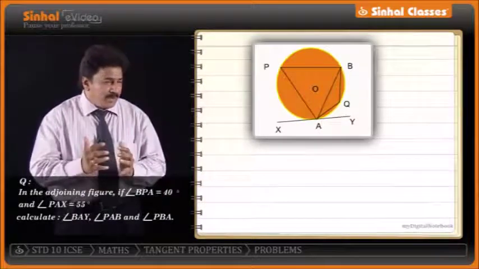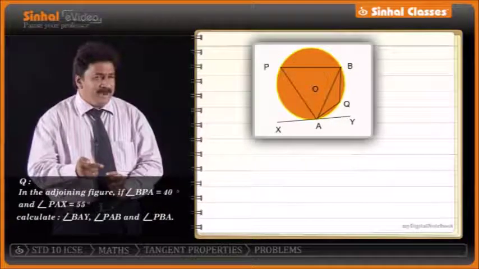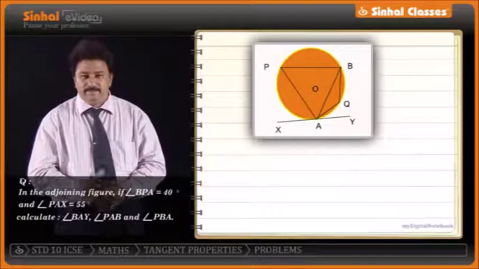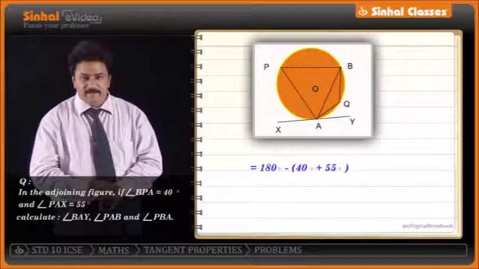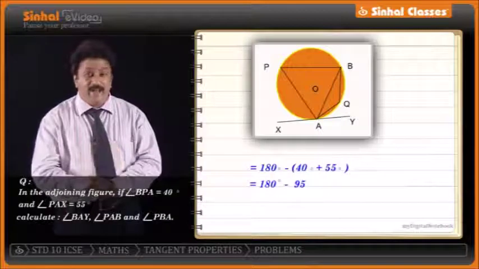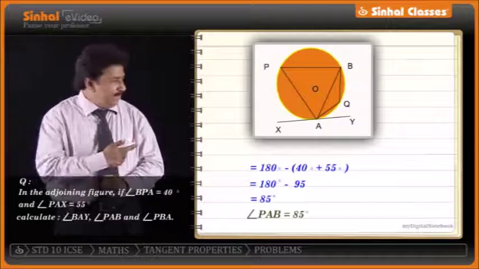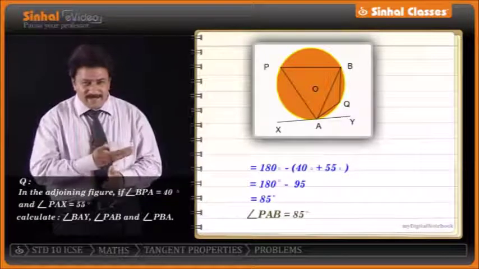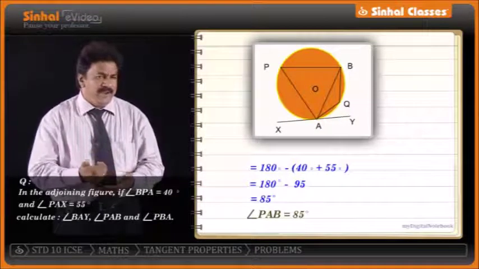By putting the values, angle PAB is equal to 180 minus in the bracket 40 degree plus 55 degree. That is 180 minus 95 degree. After subtraction, I get 85 degree. So angle PAB is 85 degree.